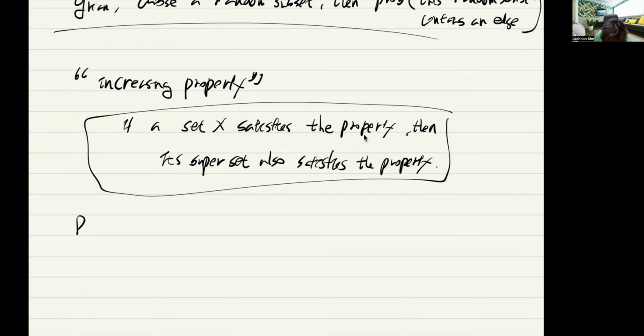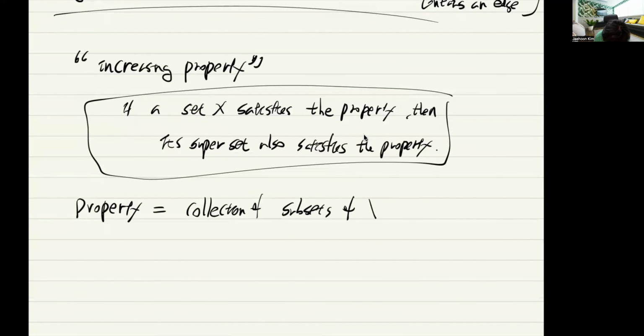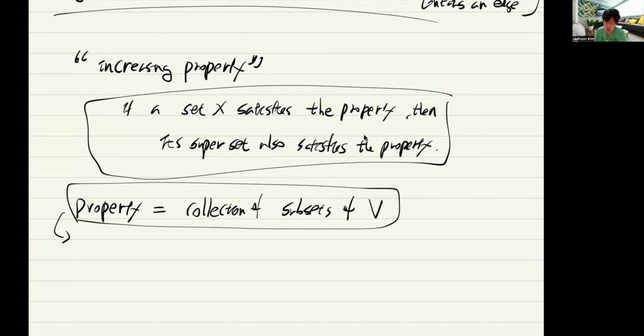Okay, to be more rigorous, the property is just a collection of subsets of the ground set. So we can say that some subset satisfies this property if it is in the collection. Some subset does not satisfy the property if it is not in the collection. But in this language, some set might satisfy the property while its superset might not.